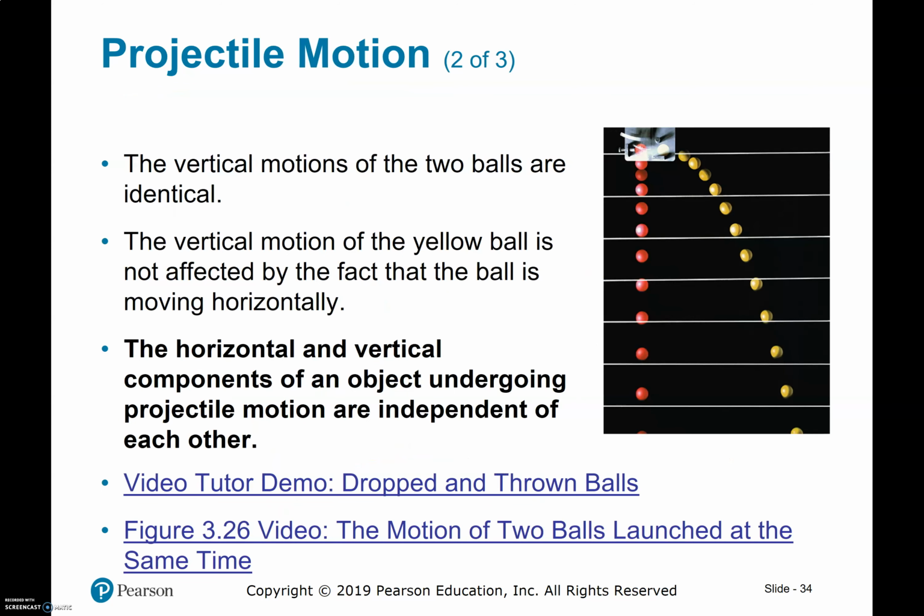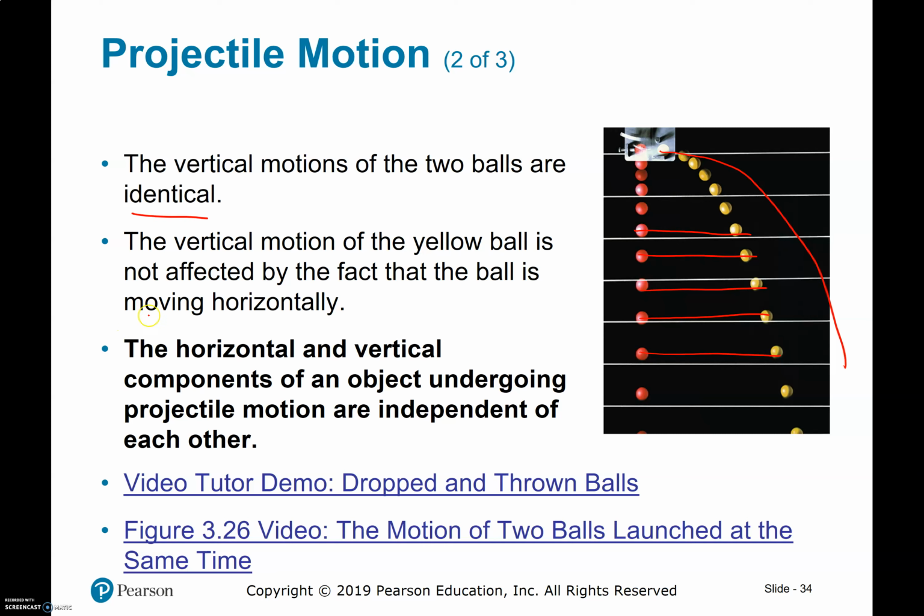Here we have a stroboscopic picture of a free falling ball in the red case, and this one is thrown horizontally. One thing that you can see from this picture is that all these lines are the same. So basically the motion along the y-axis is the same no matter how this thing is falling. The vertical motion of the two balls is the same.